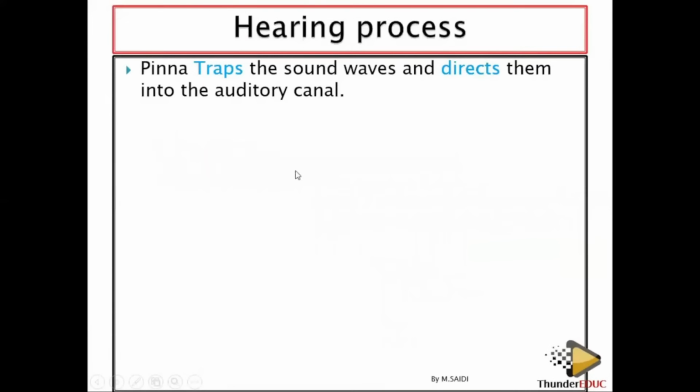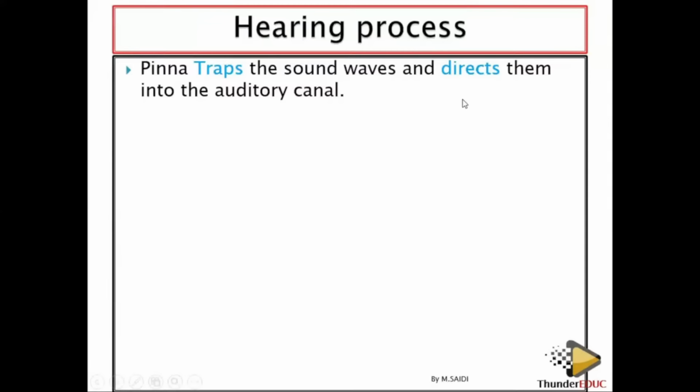Let's look at it. Number one, the pinna traps the sound waves and directs them to the auditory canal. The major key points here are traps and directs.